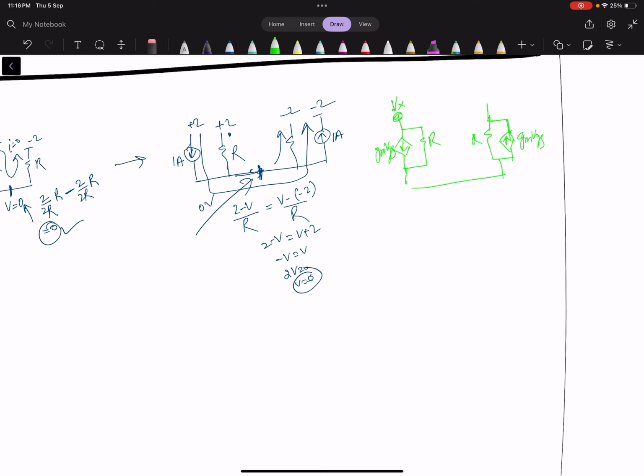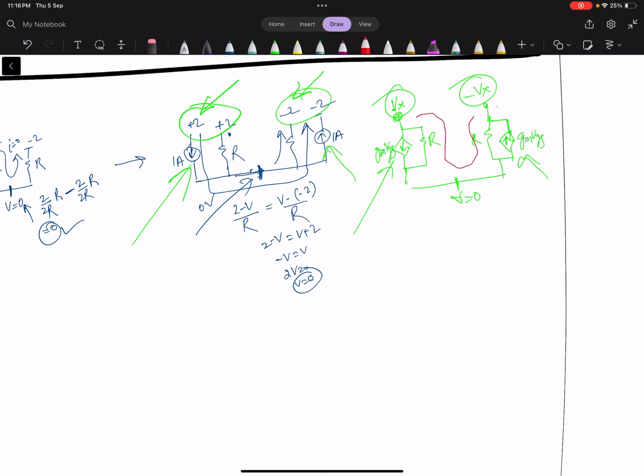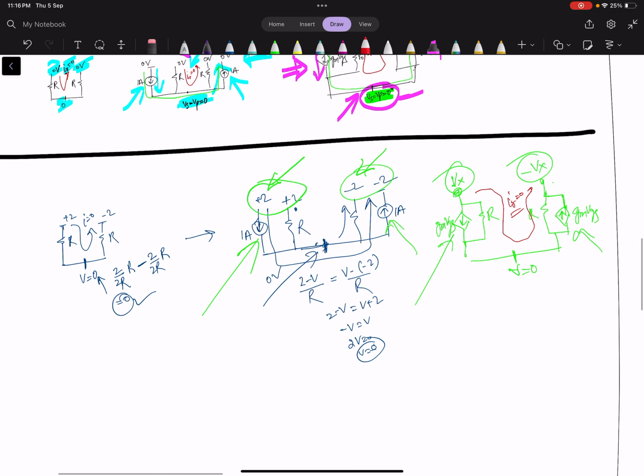So this potential is Vx, this potential is minus Vx. Here you see +2, -2, the same current, so here also the same current, then this potential will be 0. Why? Because the current through this R is equal to 0. So this is the basic concept of virtual ground. Thank you.